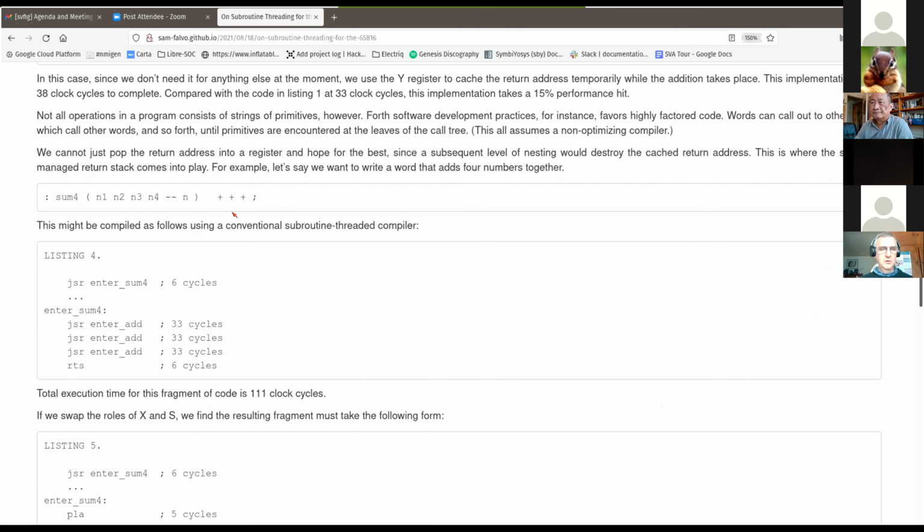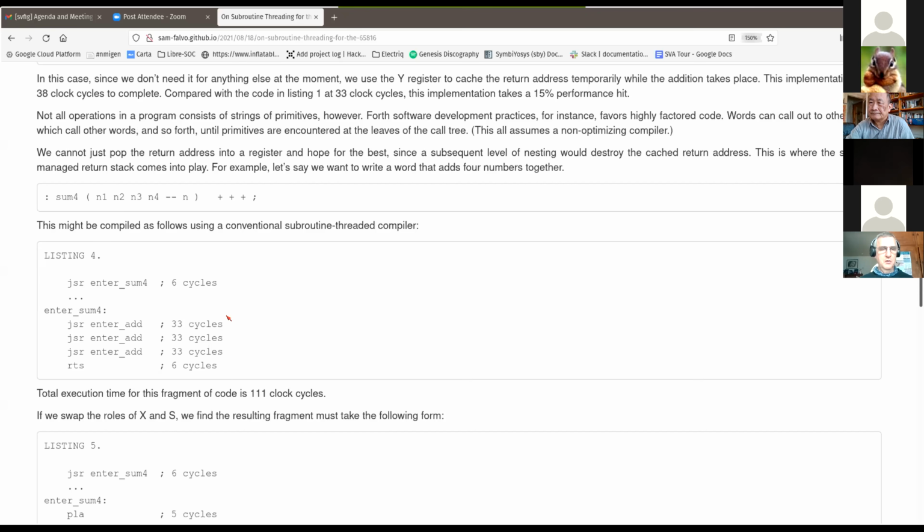Then I also do some higher-level analysis. The idea here is that the performance of a primitive may or may not be the determining factor of what really impedes performance in a threading implementation. So I decided to look at what would happen in a higher-level Forth word, where the colon definition invokes primitives or other colon definitions.